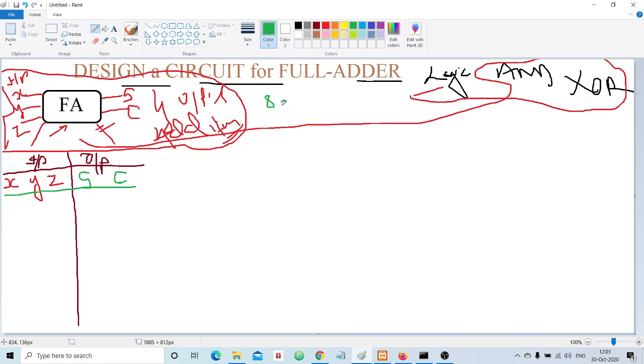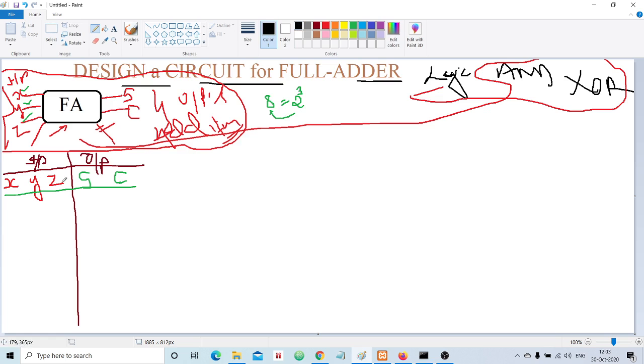We already know that from the previous classes. The number of rows in the truth table depends on the number of inputs the circuit takes. In this case the circuit takes three inputs, so we replace n by 3, which gives 8. So 8 rows will be there in this truth table.